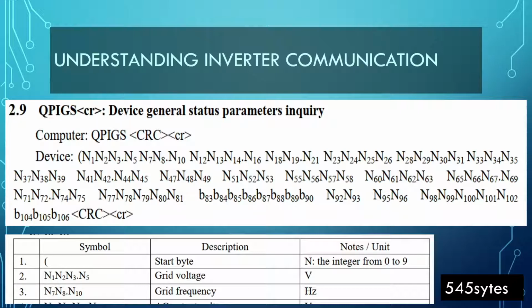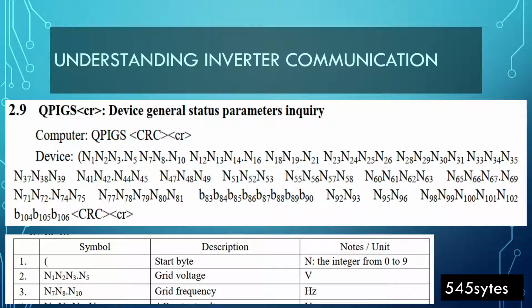And again, after the CRC, there is a carriage return, CR. So principally, in addition to the response, the inverter always sends us four additional characters. One is the starting round bracket, then the CRC of two characters, I will share where I get this two, and then there is the CR. So these four are additional characters, and the rest of it is the reply from the inverter.